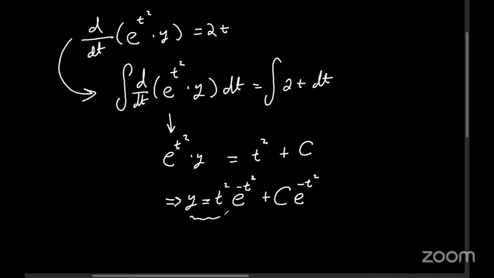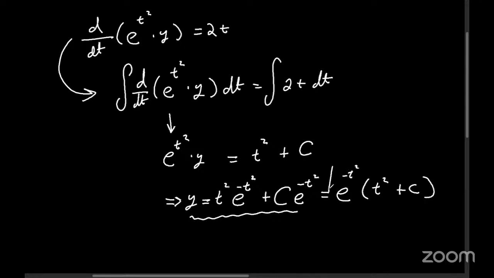Maybe. I don't know if I see anything else to do. I guess we could factor out that e to the negative t squared. If we factored this out, and this is up to you how you like it, you'd have t squared plus c.